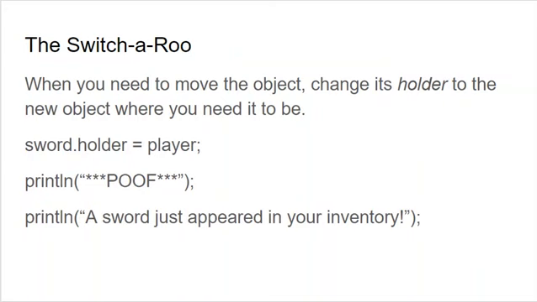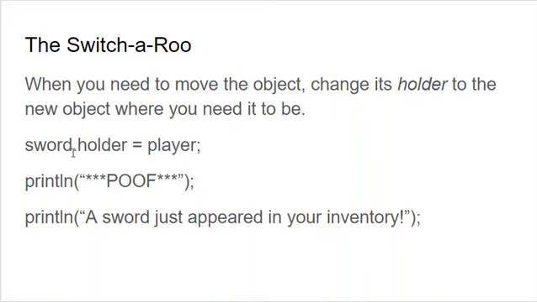So maybe there's some magic word you say and a sword appears in your inventory. So maybe you say some command and you run this function that you wrote, and what it does is it sets the sword's holder to be the player. Right? This is a statement. The sword's holder is the player. Semicolon, end of statement. So what we've done is we have now put the sword in the player's inventory. We could have also said sword.parent equals player. The sword's parent is the player.